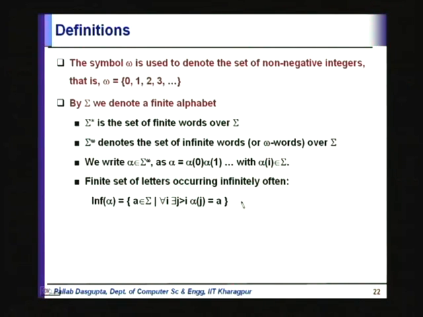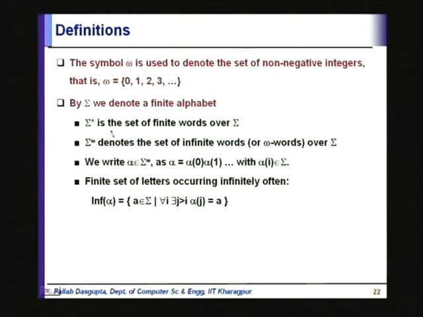Now a few definitions. The symbol omega is used to denote the set of non-negative integers, that is, omega is 0, 1, 2, and so on. By sigma we denote a finite alphabet.